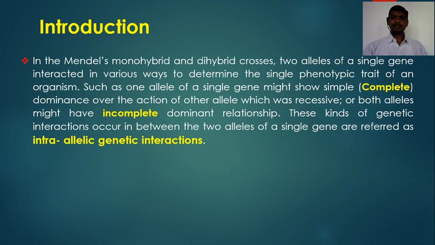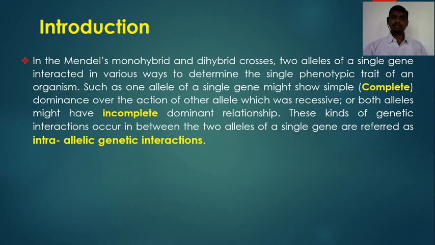For example, when a cross is made between red-flowered and white-flowered plants, in the F1 hybrid we get pink-flowered plants. This happens because of the incomplete dominance of the dominant allele over the recessive allele, which does not completely mask its expression. So it produces an intermediate phenotype, the pink-colored flower. Such a relationship we refer to as incomplete dominance.